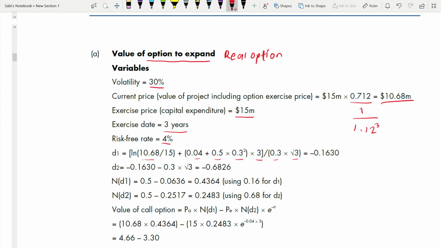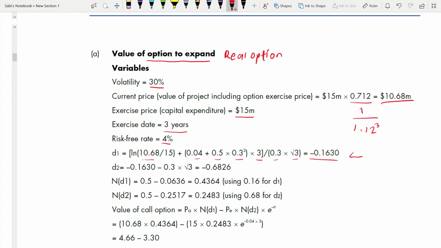And if you see your D1 is negative, what does it mean? If your D1 is negative, whatever figure you get from that table, you have to minus that figure from 0.5. 0.5 minus that figure, because in the table you will not get a figure for minus 0.163. You have to find a figure for positive 0.163. When you find for D1, you have to round this up to 2 decimal places.